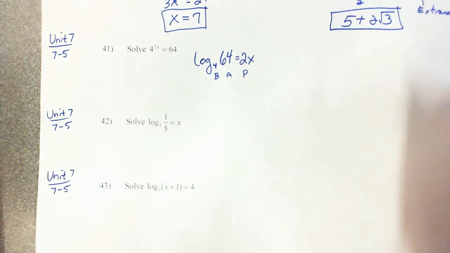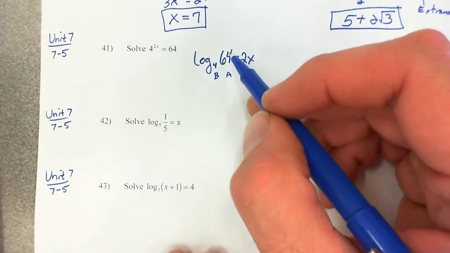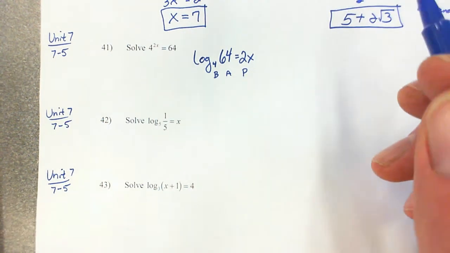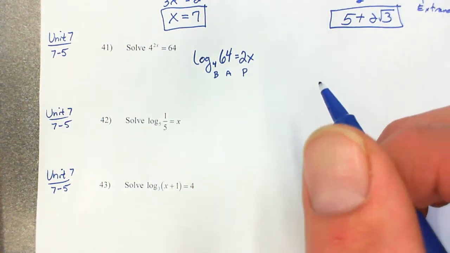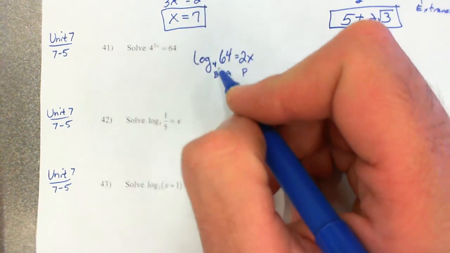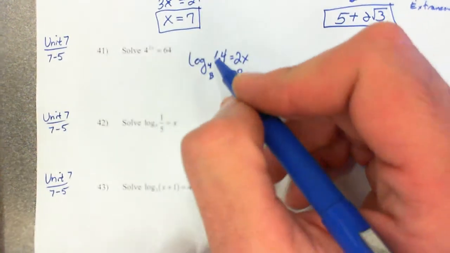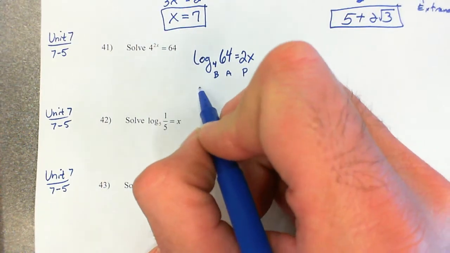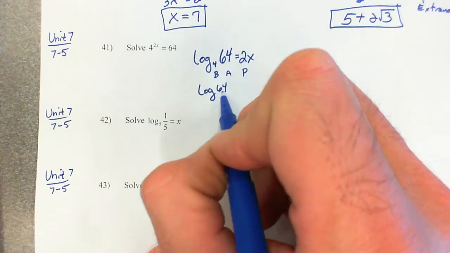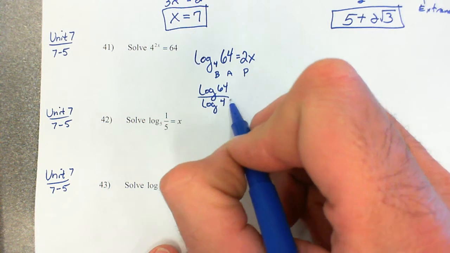Now, do we know 4 to what power gets you 64? Maybe we do. Is that a nice number? Let's say we don't. I think it's 3, but let's say we don't. Well, we could figure out what this is. We can use the change of base formula, which means you're going to take the log in base 10 of 64, and divide it by the log of your original base, which is 4.